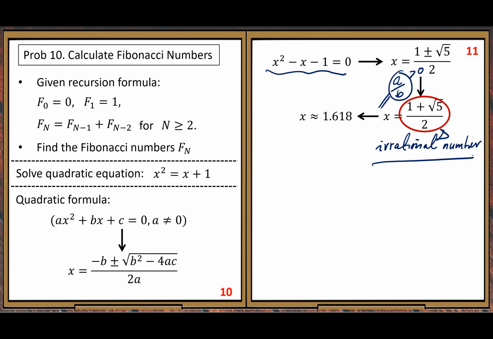In old times, people didn't like irrational numbers. If we go back to the Pythagorean time, the Pythagoreans had a club. In the club, they believed that for everything in the universe, if you want to use some quantity to represent it, you can use some integer over integer to represent any quantity.